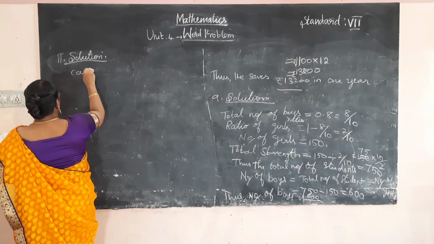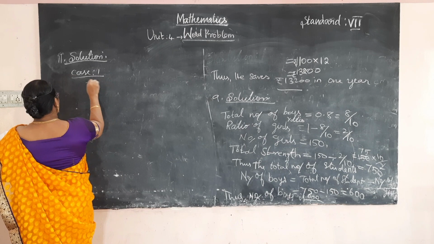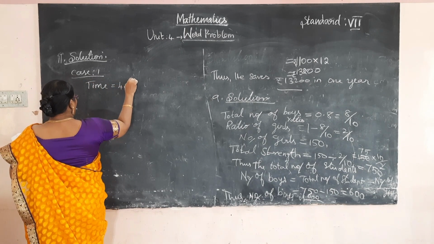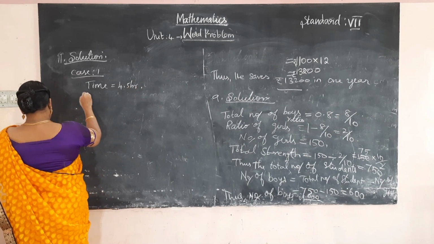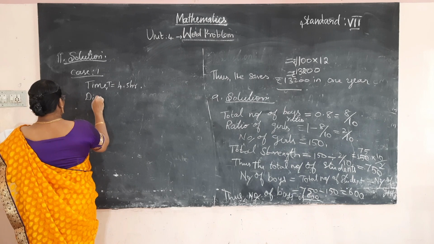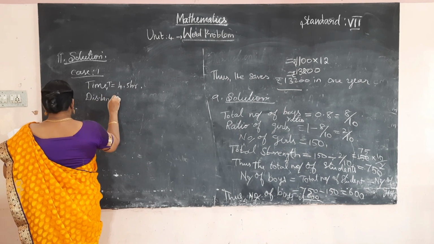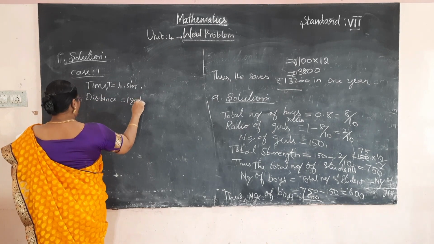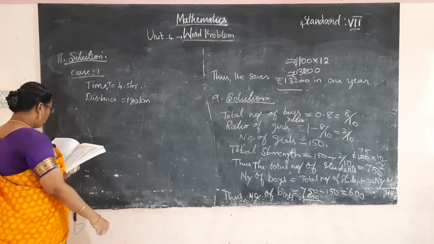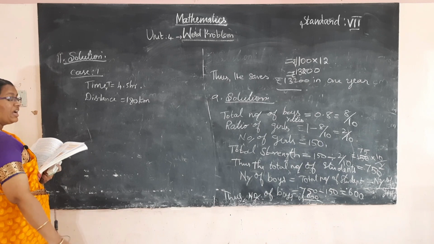First case, time is equal to 4.5 hours, and distance is 180 kilometers between Delhi and Roorkee.